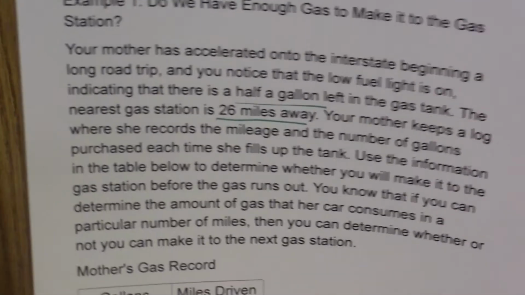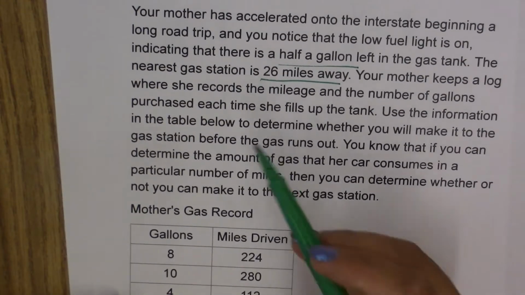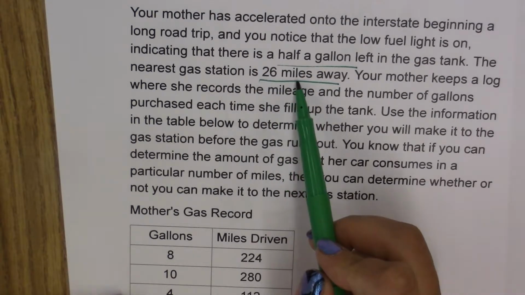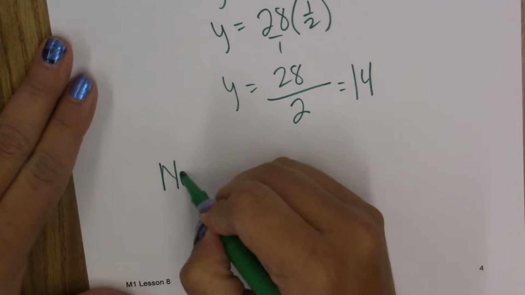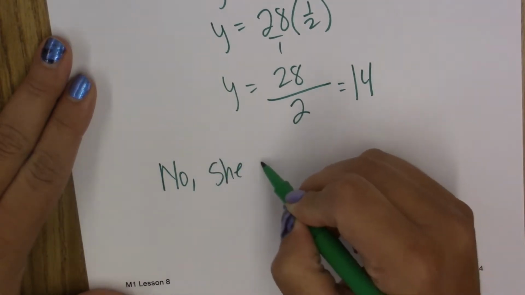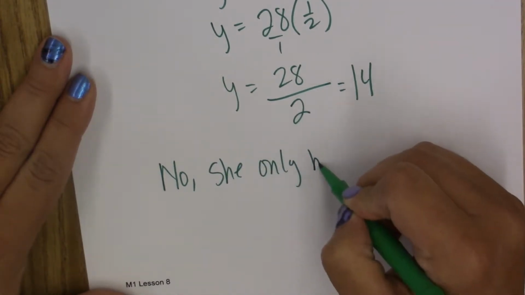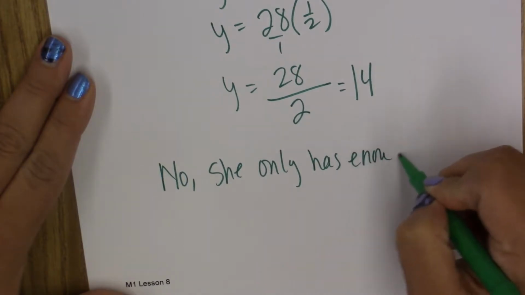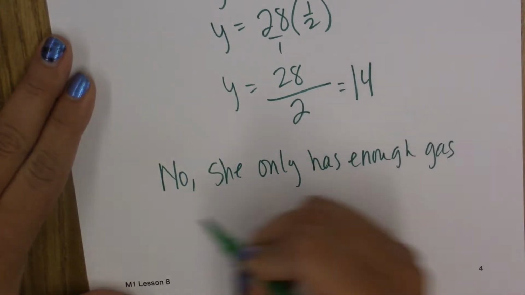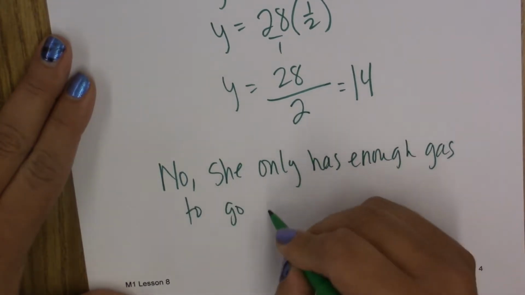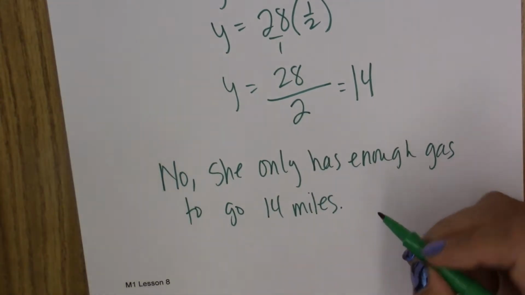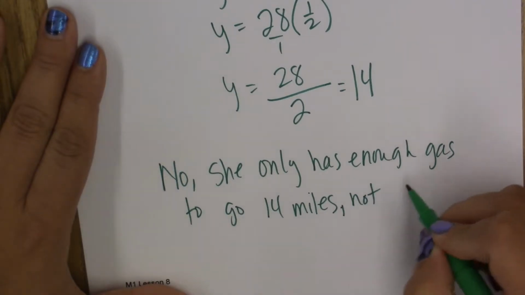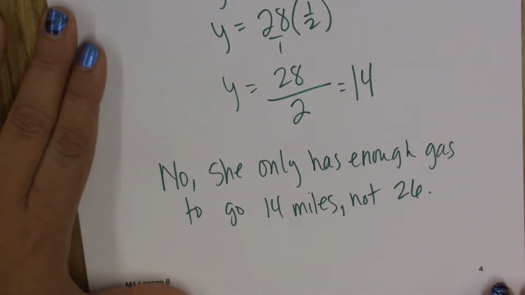If we go back to our problem up here, it states that the nearest gas station is 26 miles away. So our answer to this question would be no, she only has enough gas to go 14 miles, not 26.